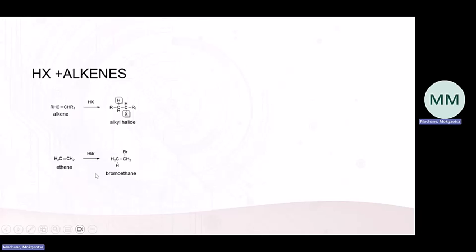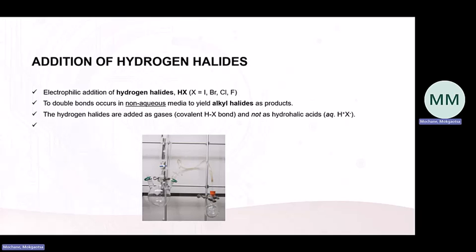Now at the bottom there is a typical example of an ethene. An ethene is very clear that it has a double bond because, remember, we said that in most cases alkenes have the ending ene, which symbolizes that it's a double bond molecule. If it was an alkane, we would have ane. But now ene is an alkene, meaning that it's a double bond organic molecule. Now you add HBr. HBr is a hydrogen halide.